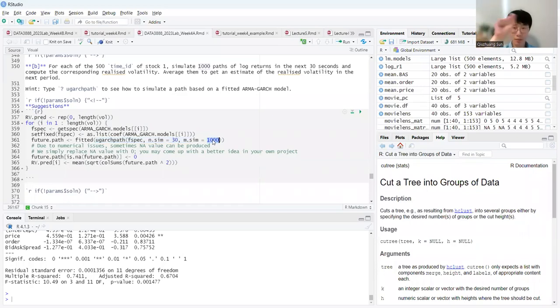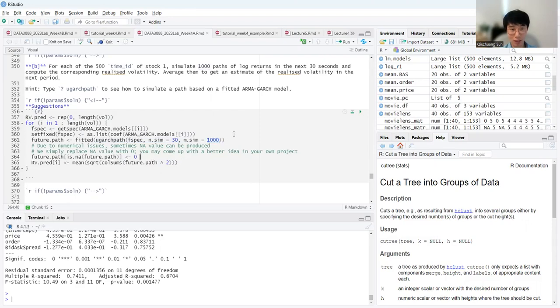So I simulate 1,000 different time series of the log returns in the next 30 seconds. Each time series corresponds to a realized volatility, right? Then I take the average of all these 1,000 realized volatilities to get a prediction of the realized volatility in the next 30 periods.